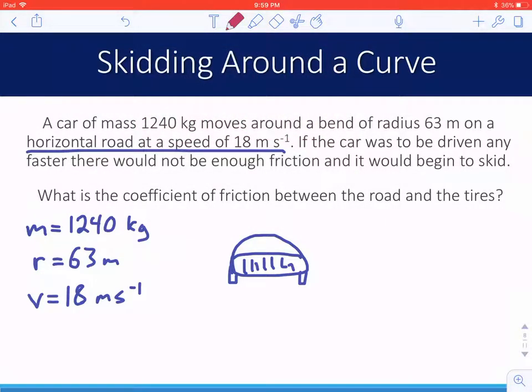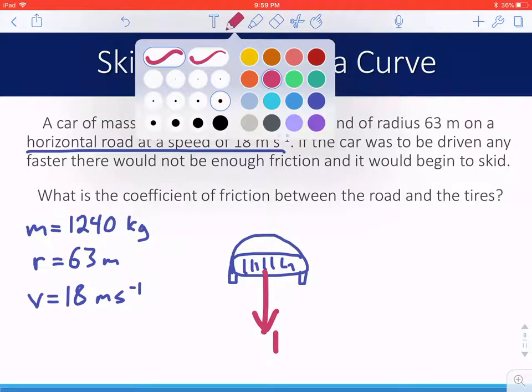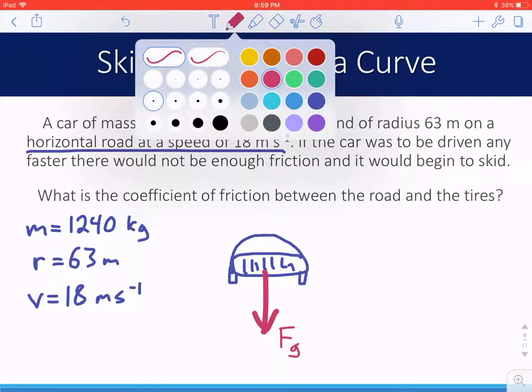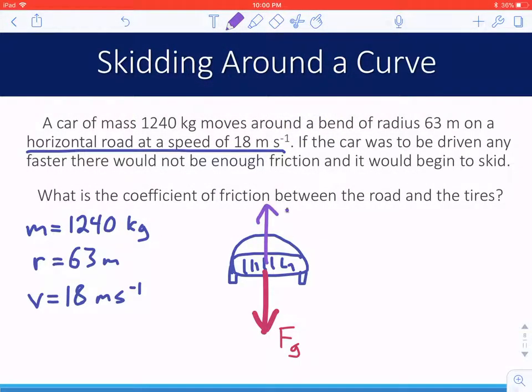So what we know about this car is there is a weight. So there's force of gravity, as there is with any object that has mass. There is a normal force that's keeping this car from falling into the road, that is R. And there's also a force of friction.